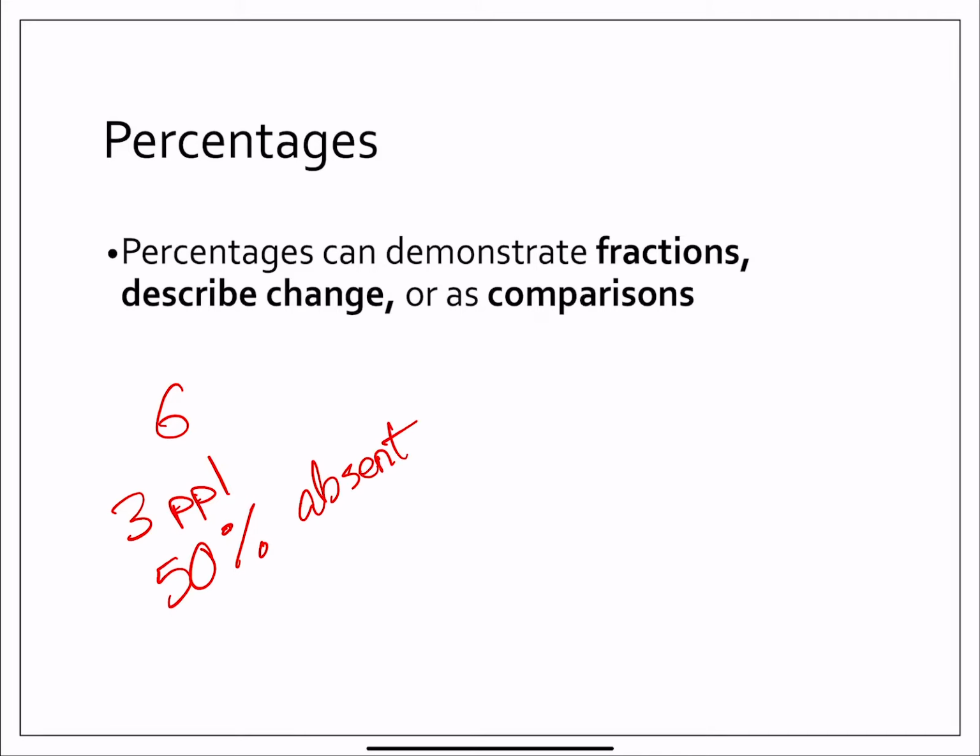Describing change, we could say something increased by 30%, or so and so got 25% taller. Or we could use it as a comparison and say person A has 40% more money than person B. So these are different ways we can use percentages to describe different things.